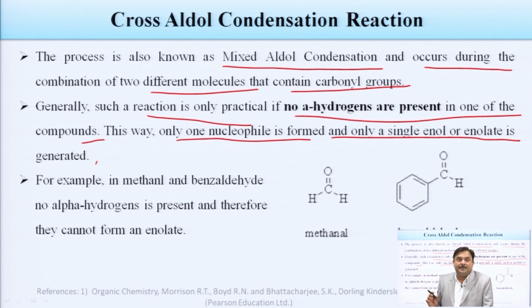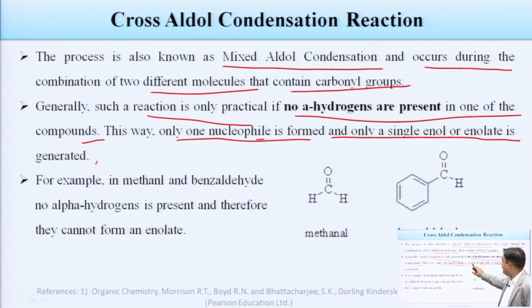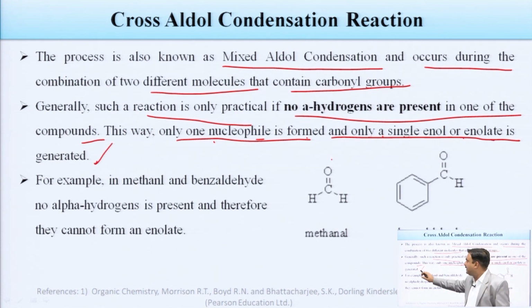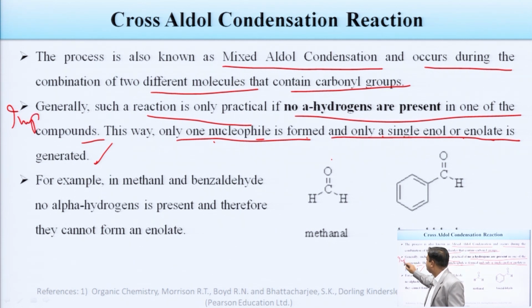I mean to say that, as I told you, 4 different products can be possible, but if we want one product in abundance over another, then we have to use one aldehyde or ketone where no alpha hydrogen is present, then only one nucleophile is formed and only a single enol or enolate is generated. Very important point, you should please note it down.